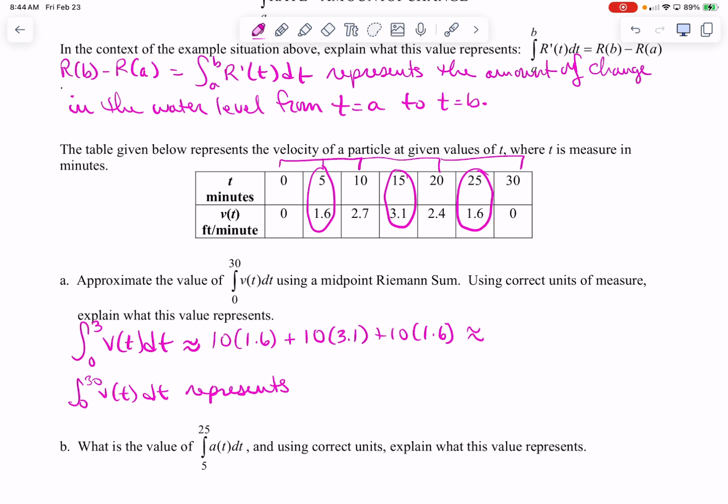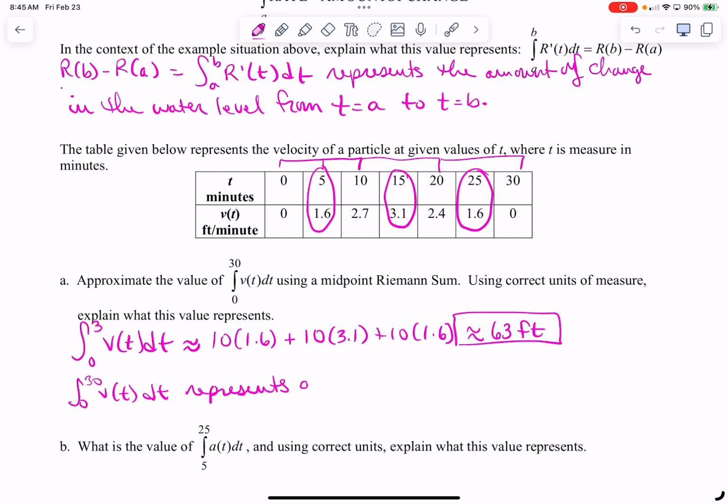So what did we get? 63 feet. Okay. So what does this represent? The total distance traveled by the car. Yeah, because it's all positive, so it's total distance traveled. Okay.